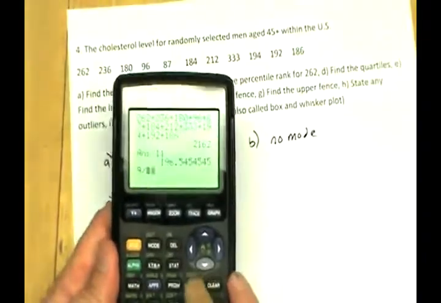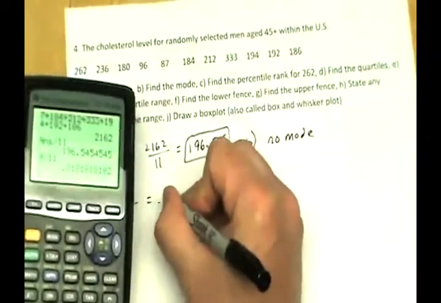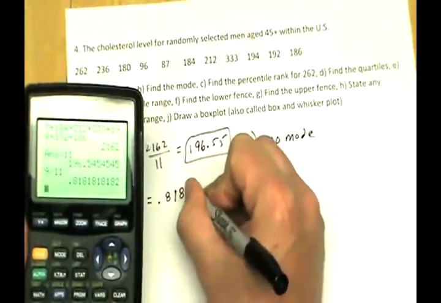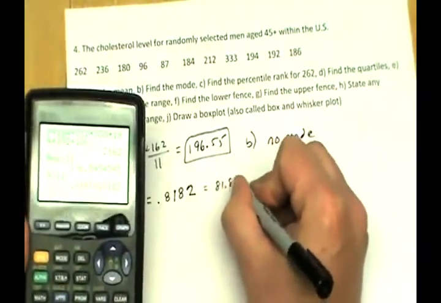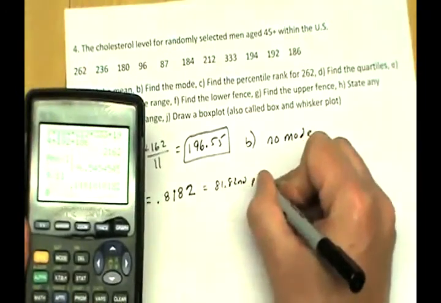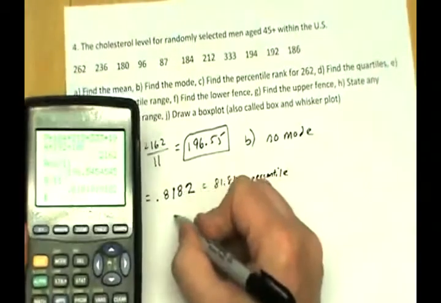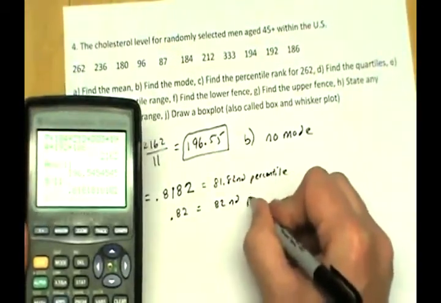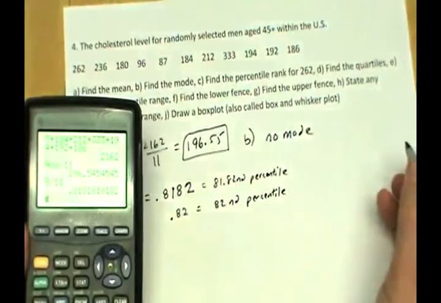So 9 divided by 11, we're looking at 0.8181, 8182. So we're looking at the 81.82nd percentile. Or if we just round to 2 decimals, we're going to say 0.82, and that would be the 82nd percentile. Either answer is okay.